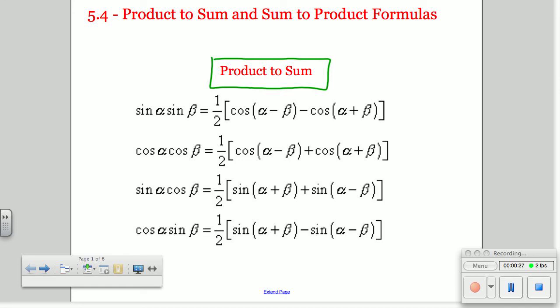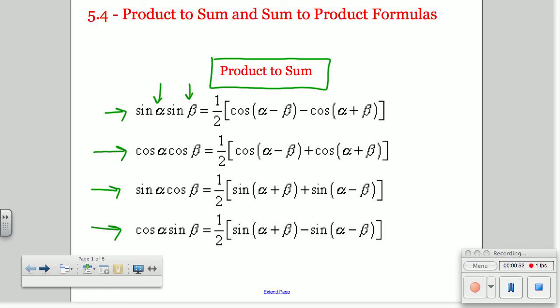For example, sine times sine, cosine times cosine, sine times cosine, or cosine times sine. So depending on how we're multiplying, you'll see that the formulas are a little bit different. You'll also notice it's when we're multiplying two different trig functions, an alpha and a beta, so two different angles.